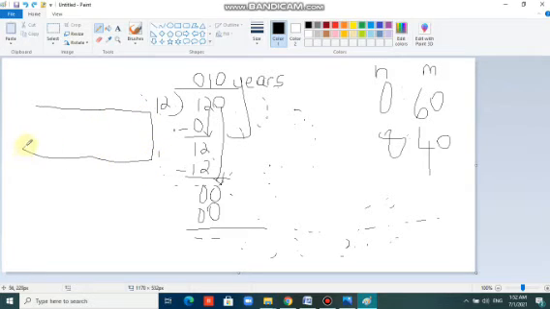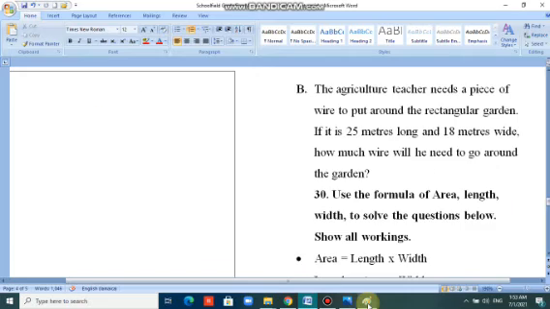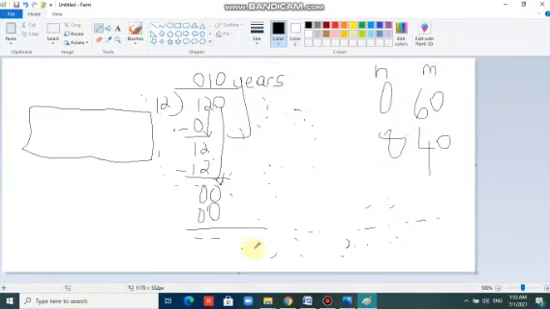And they said the agriculture teacher needs a piece of wire to put around the rectangle garden if it is 25 meters long. So the 25 meters long is the length. Which side will be the length now? This side? No, this side will be the length, the long side. The longest side will be the length.